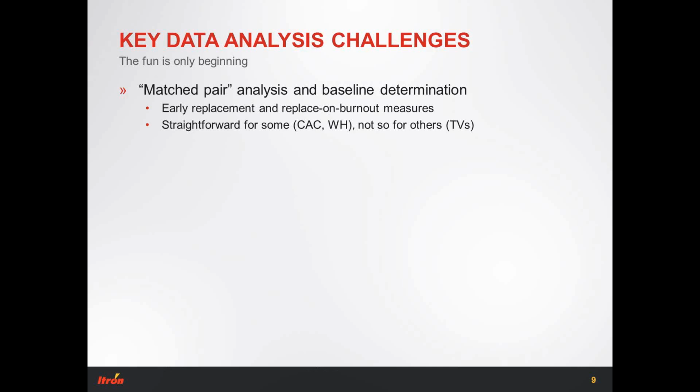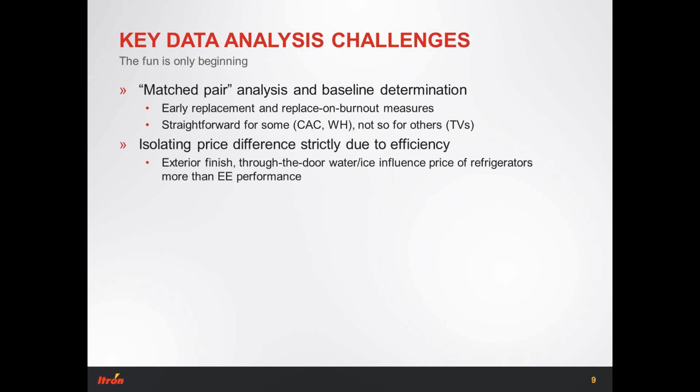For some equipment, baseline is very easy to determine because it's regulated by code, like for a water heater or for a central air conditioner. For others, like televisions, what the baseline is is a big question. Is it a CRT television? Is it an LED television? Is it a plasma television?